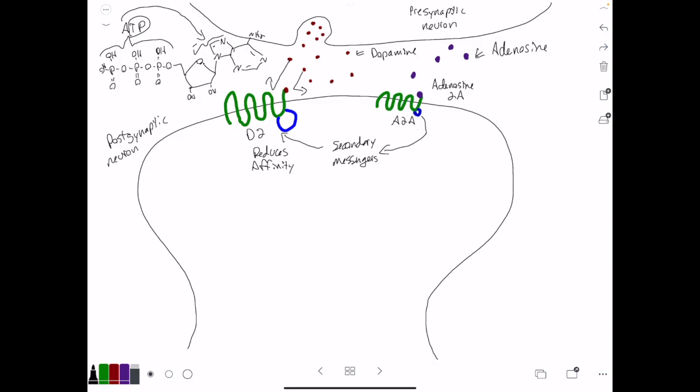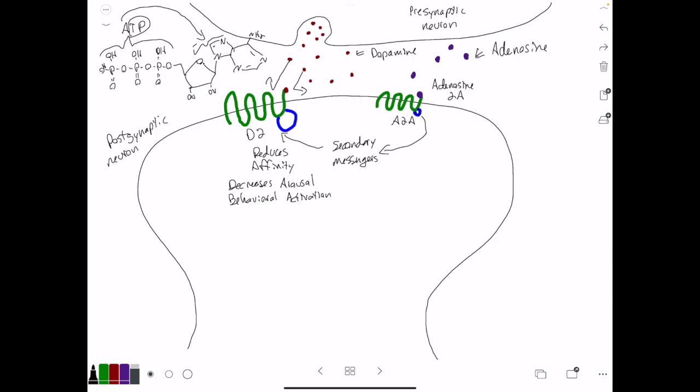Well, it decreases arousal and decreases behavioral activation. And what I mean by that are things like motivation and movement, physical movement. And so that's depression, pretty simple.